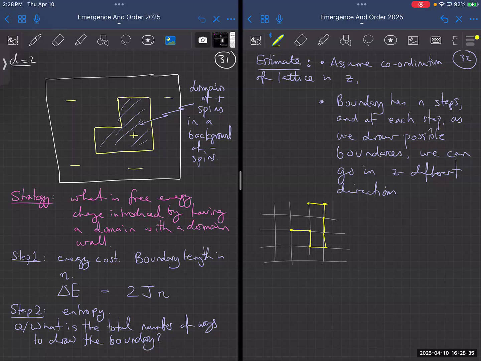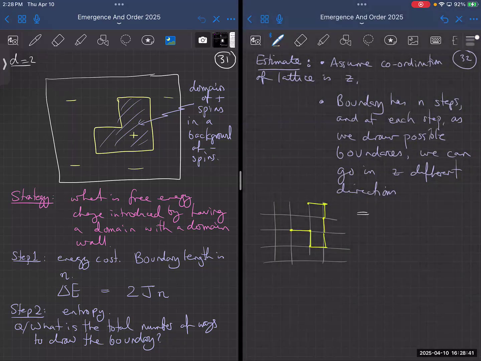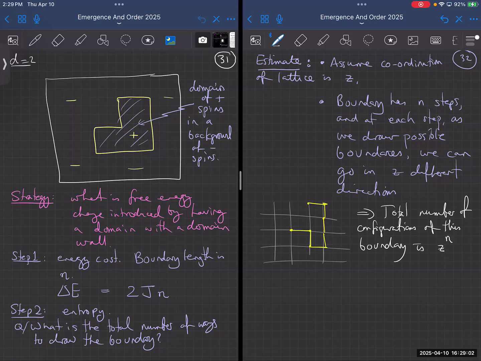And how many steps am I taking? I'm taking n. So that would say then that in that case, the total number of configurations of this boundary, this domain wall, is the coordination number raised to the power n. Now, obviously, that's wrong.